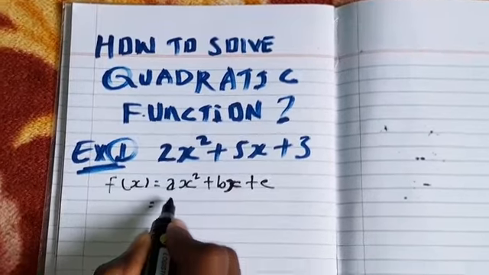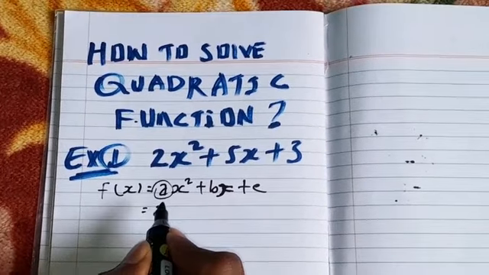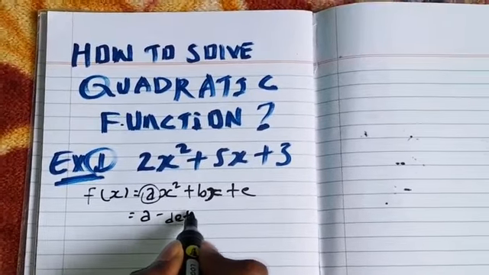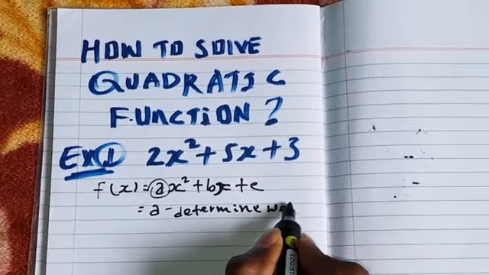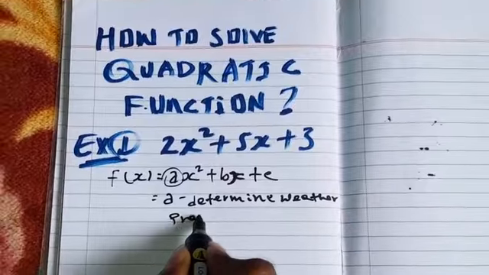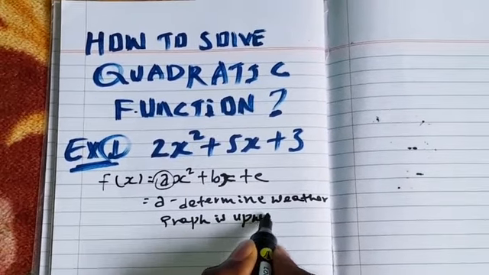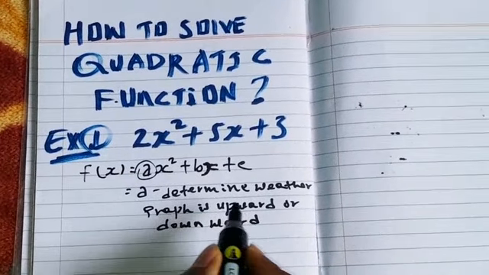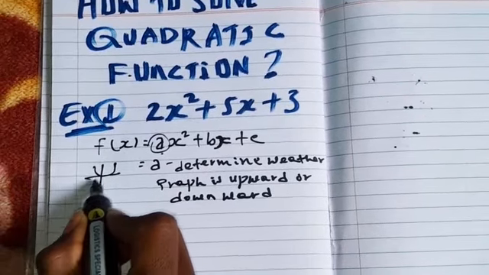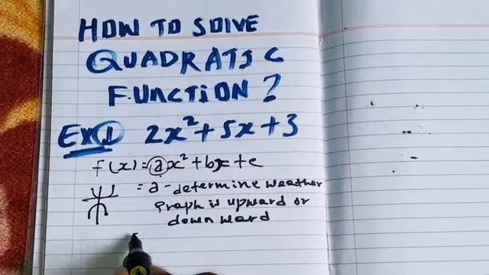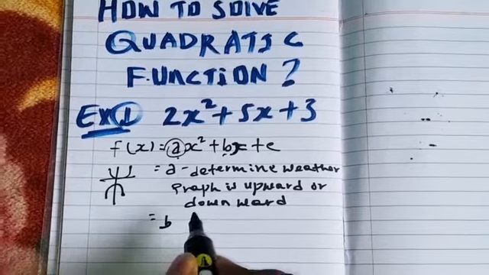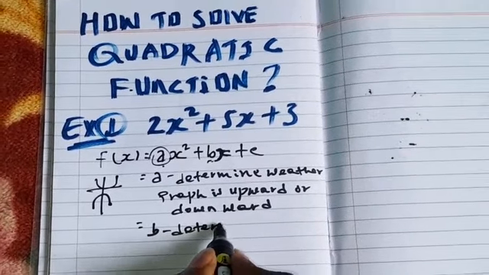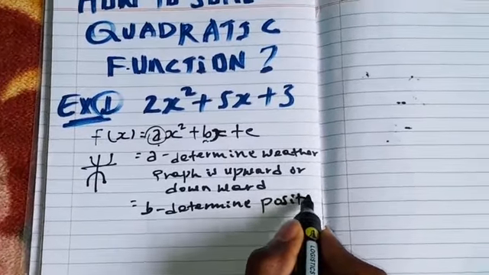Don't forget, a is the leading coefficient of x², and it determines whether the graph is upward or downward. b is the leading coefficient of x, and it determines the position of the graph.